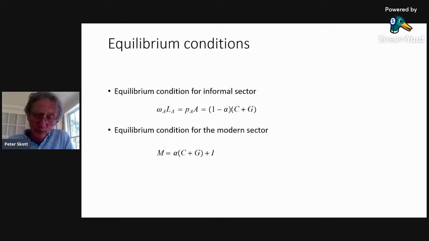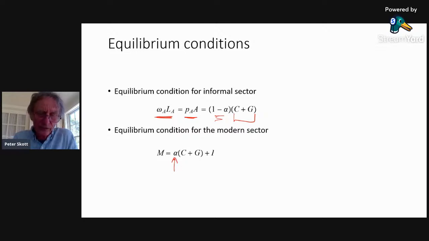And that gives equilibrium conditions. Here's the one for the informal sector. Total income in the informal sector is equal to aggregate demand, total demand for informal sector goods, which is equal to total consumption, private and public, multiplied by 1 minus alpha. So that's the share of consumption going to informal sector goods.